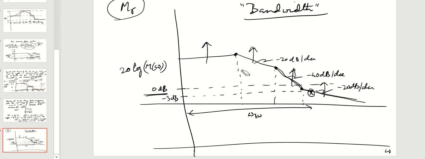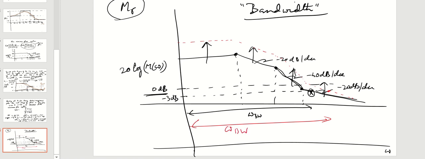Why? Because the moment you push this entire plot up, the point at which it intersects the constant minus 3 dB line moves to the right. If I draw a lifted version of this, let me take the red one, now this becomes my new bandwidth.